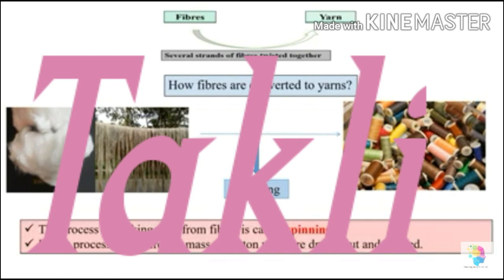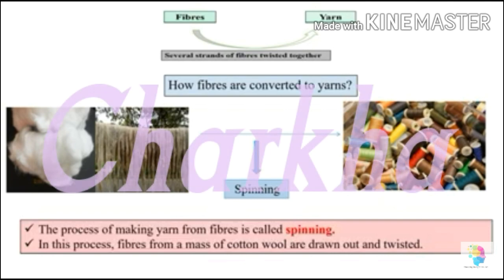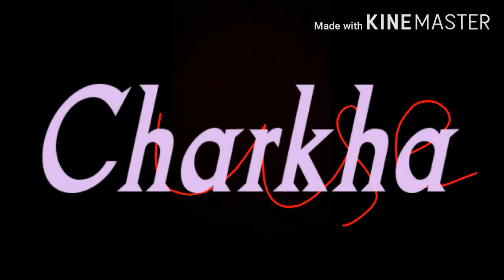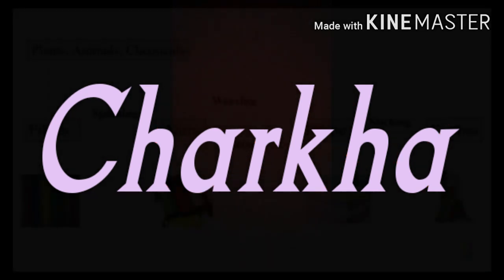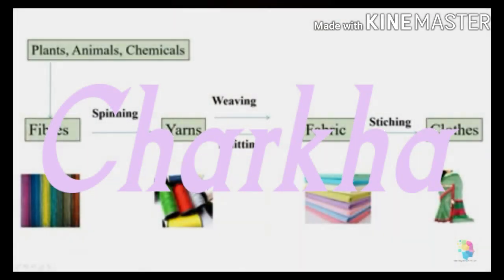Another hand-operated device used for spinning is the charkha. Charkha is another device which is used for spinning yarns. The use of charkha was popularized by Mahatma Gandhi. As we know, Mahatma Gandhi is the father of our nation. He used this charkha to spin yarn.